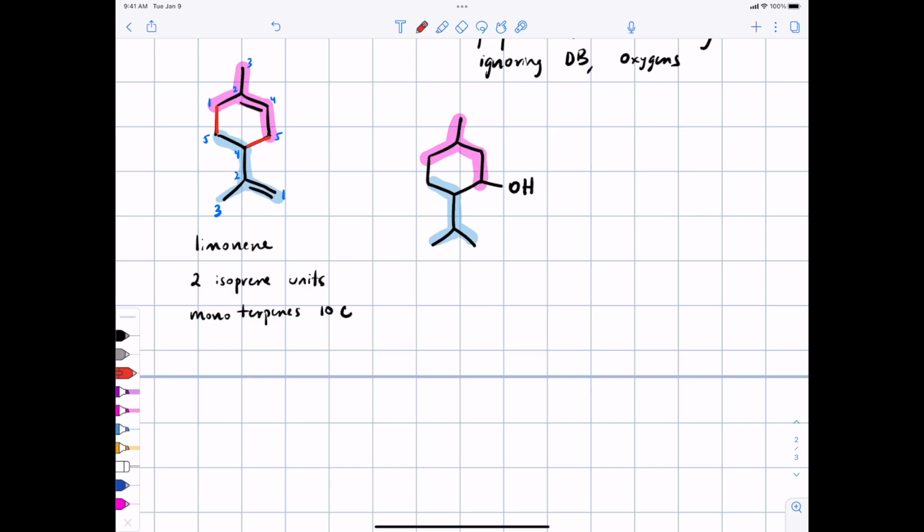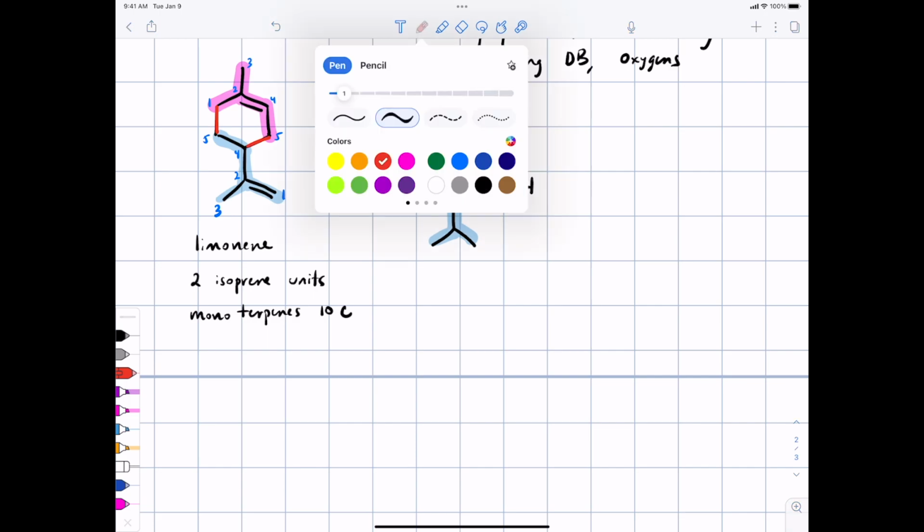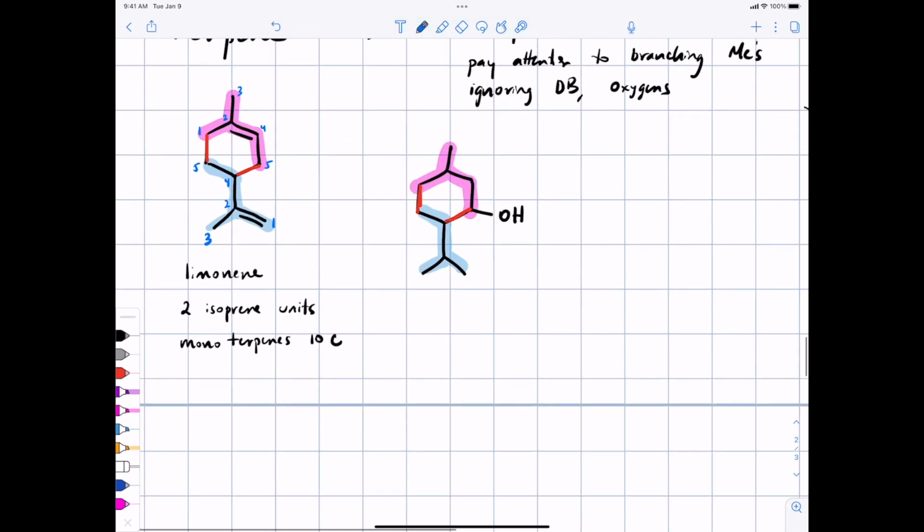Even though we're ignoring the OH group. Okay, so look for the branching methyl groups. We'll call the methyl group 3, and the carbon that's bonded to that methyl group we'll call 2, and then we'll number everything else accordingly.